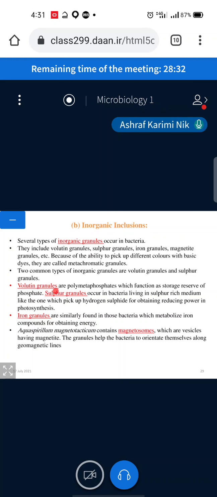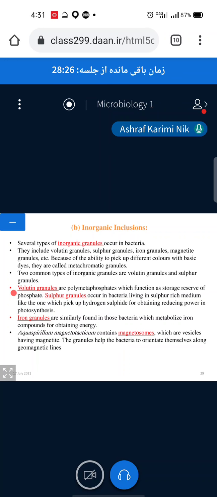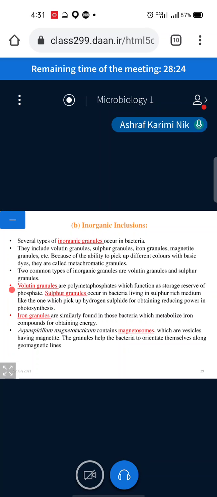Volutin granules, sometimes called Babes-Ernst granules, are polymetaphosphates which function as a storage reserve of phosphate.